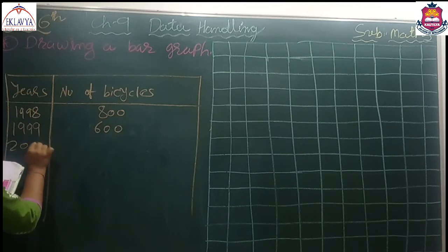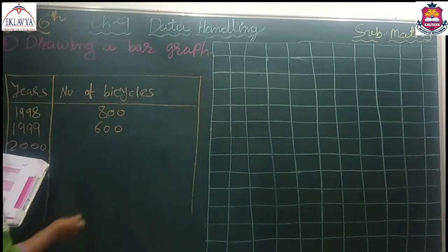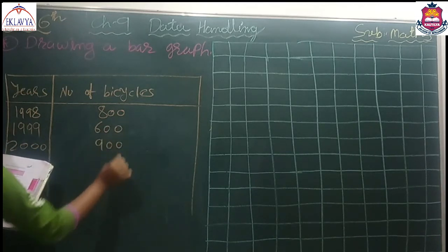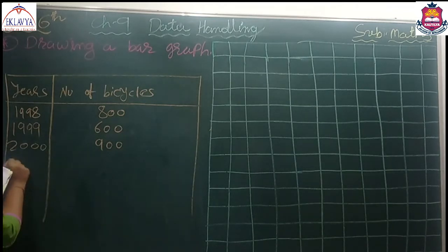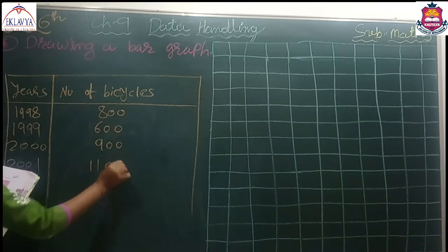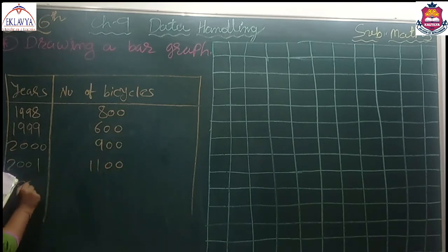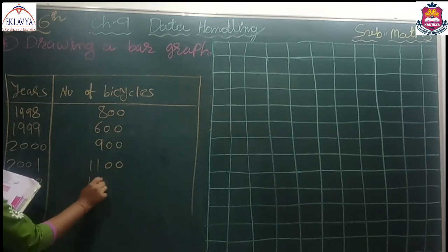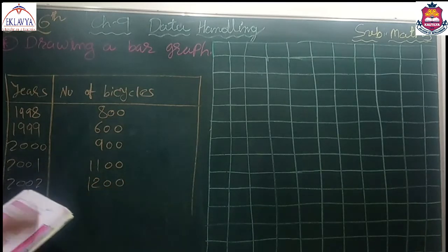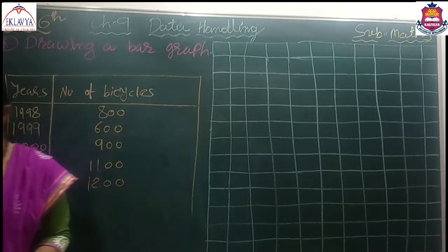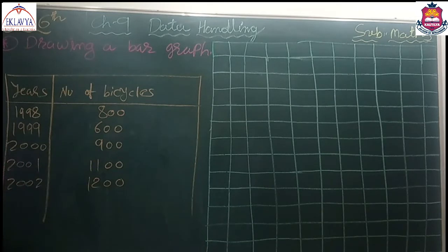In 2000, 900. In 2001, 1100. In 2002, 1200. So this is the data which we have to show in a bar graph.